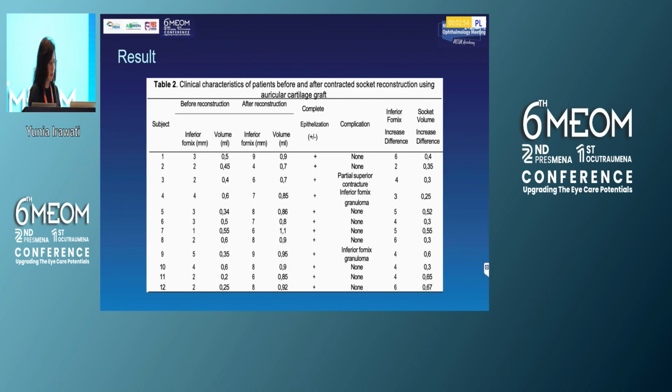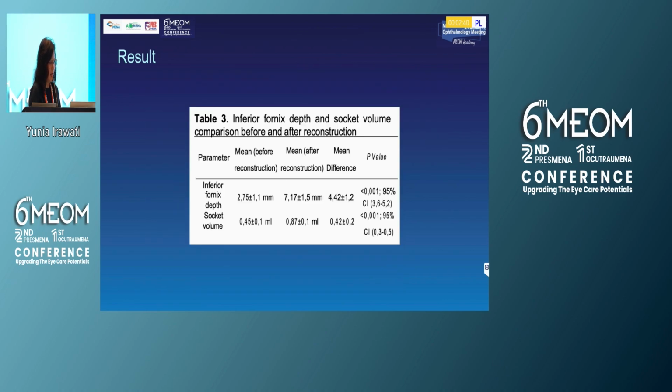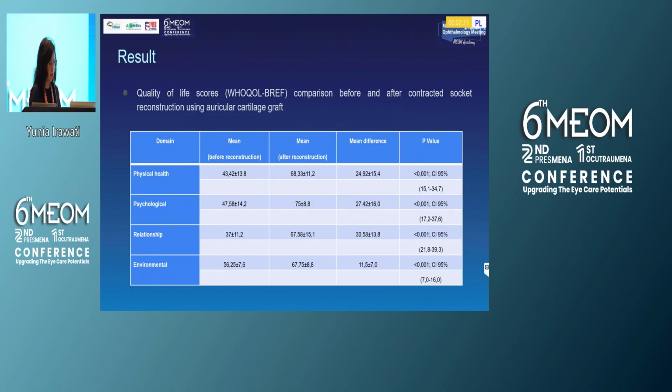This is our result. From the 12 cases, there were some complications like granuloma in the fornices, but it could be resolved with steroid eye ointment. Here we can see before and after the surgery, the inferior fornix depth increased, from 2.7 before surgery to 7.1 after surgery, and the socket volume increased significantly before and after surgery.